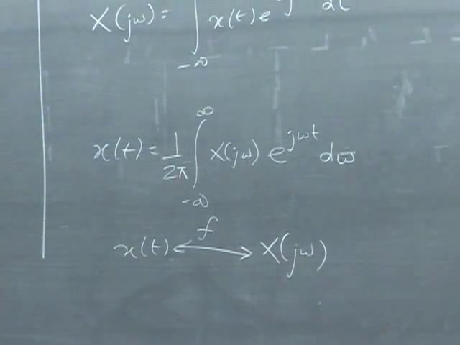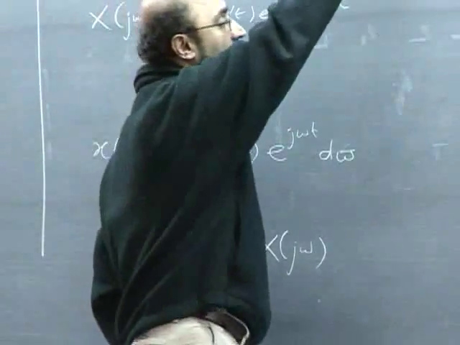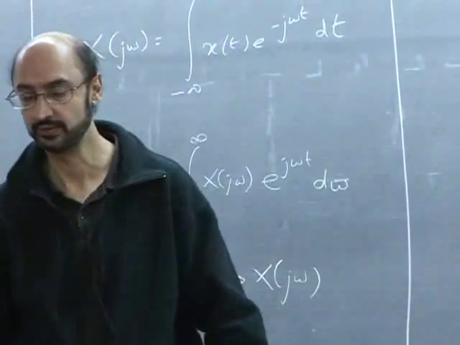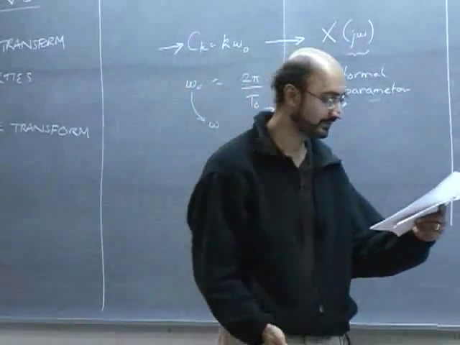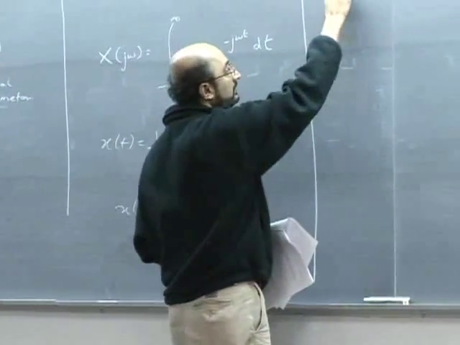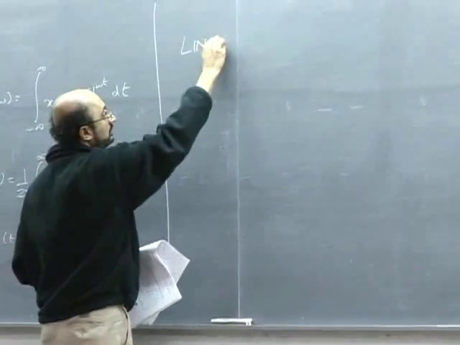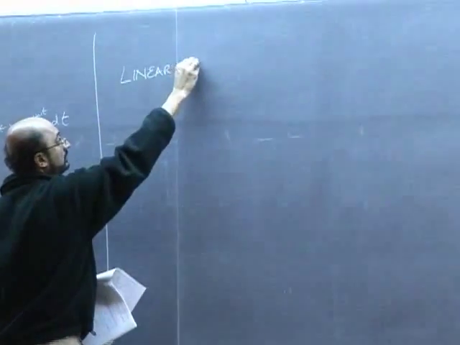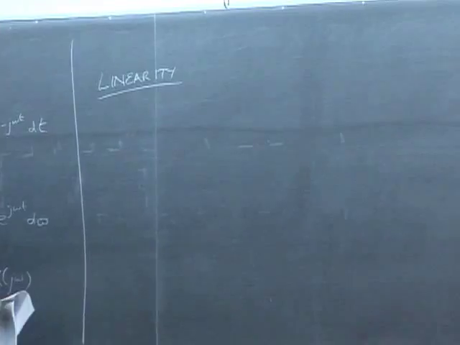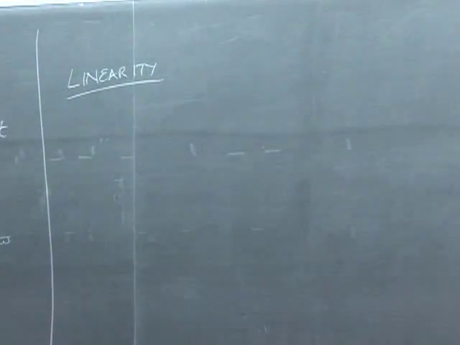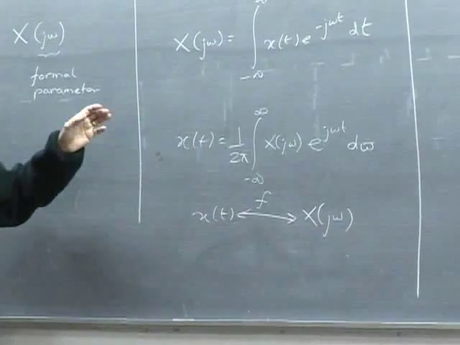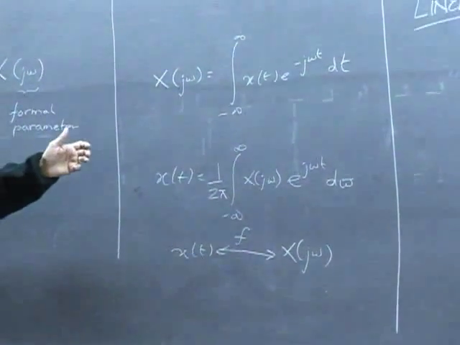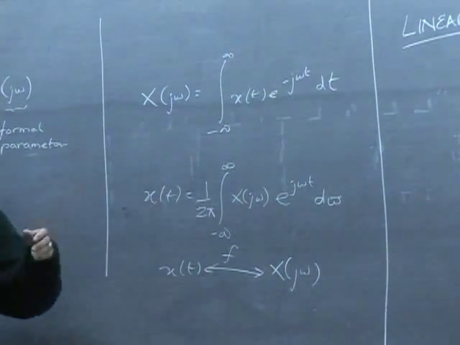Given these definitions, it turns out that the Fourier transform has some pretty straightforward properties, and one property discussed last time was linearity. And linearity basically says that if I have two functions, x1 of t and x2 of t, then I can take the Fourier transform of the sum of them as the individual Fourier transforms.